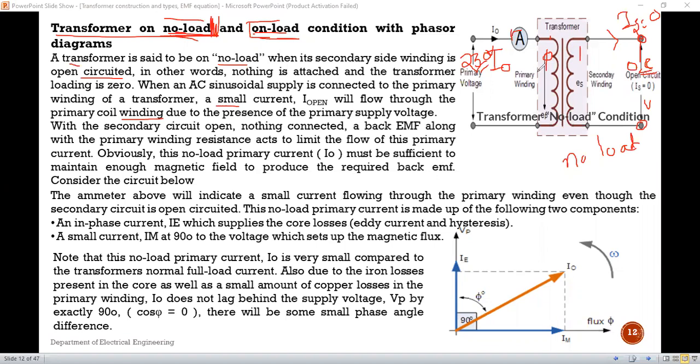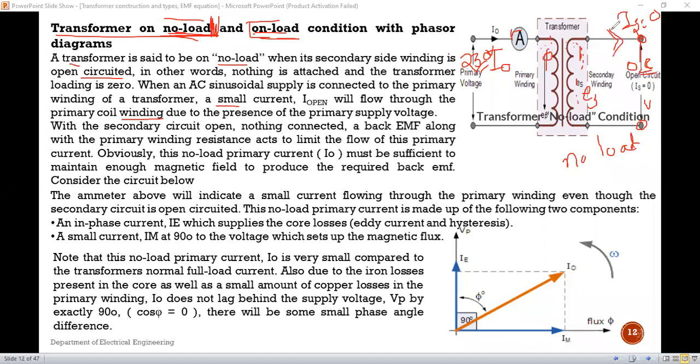So this flux will link to the secondary coil. हा flux जो आहे secondary coil ला link होईल. Okay, because of the magnetic coupling between them, it will induce some EMF in the secondary winding, that is ES, the secondary winding EMF. So this induced EMF is nothing but the output voltage across the secondary side of the transformer.